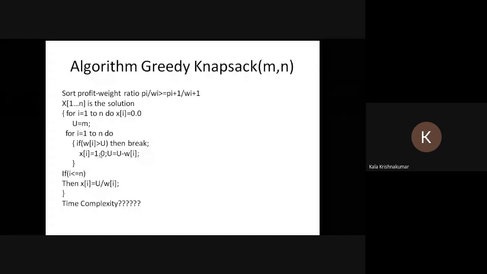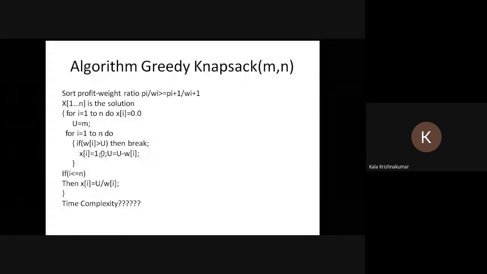Otherwise, x of i is equal to 1.0, which means you choose the ith object fully. x of i is your output array that gives the fractions of input taken. So x of i is 1.0 and u is equal to u minus w of i.